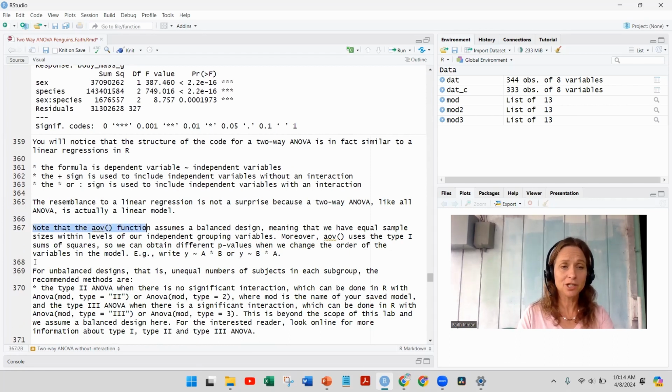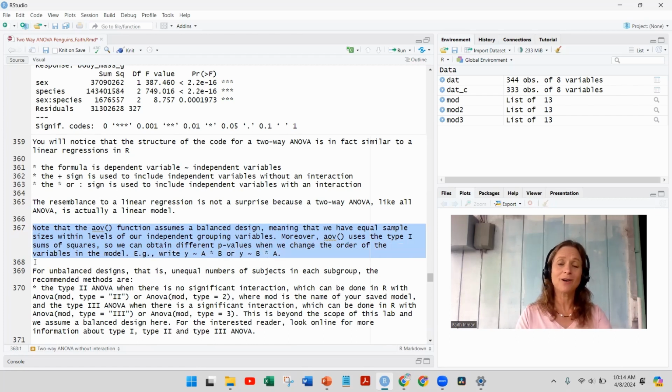Note that the AOV function assumes a balanced design, meaning that we have equal sample sizes within levels of our independent grouping variables. Moreover, AOV uses the type 1 sums of squares, so we can obtain different p-values when we change the order of the variables in the model.